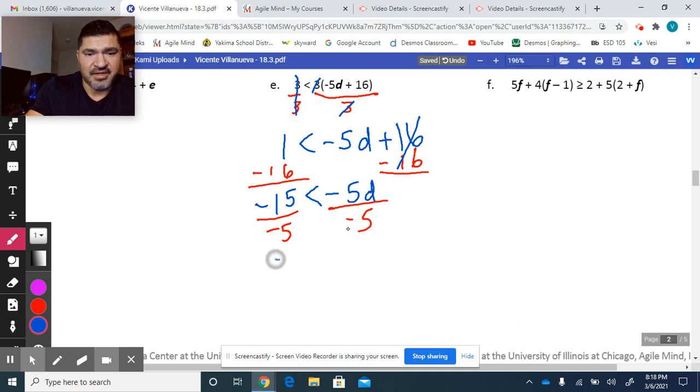That's going to be a positive 3. And because we divided by a negative, what do we have to do? We have to flip this sign. We got to change the sign. It's going to go the other way now. Negative 5 divided by negative 5 is 1. 1 times d is d.